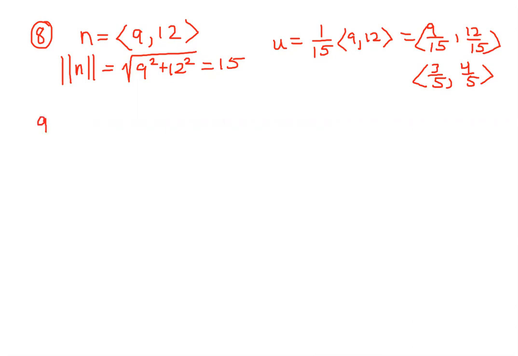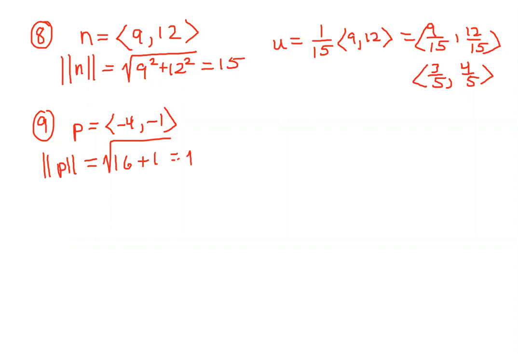Let's look at number 9. P equals (-4, -1). Finding the magnitude, we've got 16 plus 1. Now our magnitude is the square root of 17. That's fun.